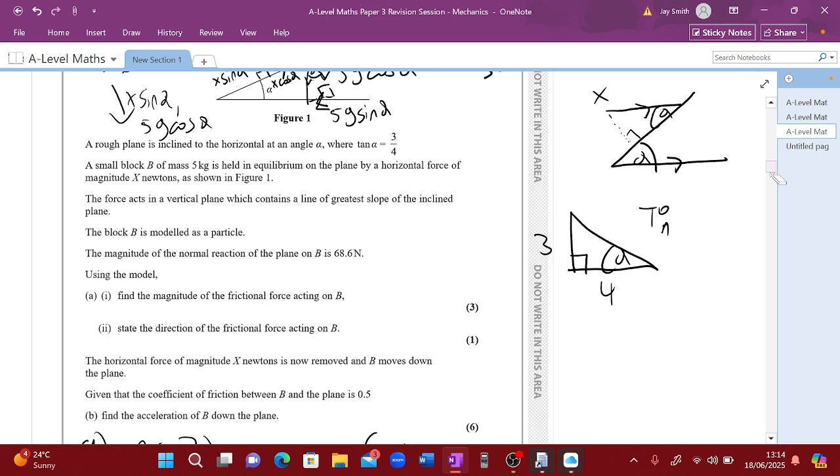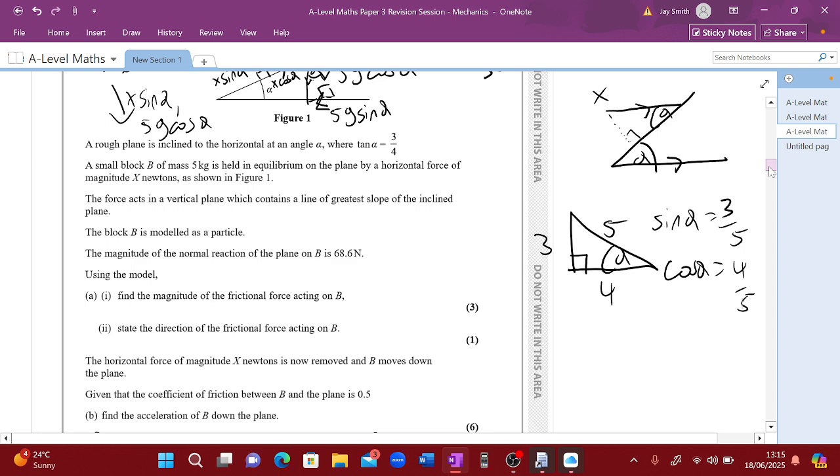Now, with sine and cos, we need the hypotenuse, but we can find it by Pythagoras. It's going to be root 3 squared plus 4 squared, and if you put that into a calculator, you'll get 5. And now we're in a position, because sine alpha using SOHCAHTOA is opposite over hypotenuse, 3 over 5, and then cos alpha is adjacent over hypotenuse, 4 over 5.